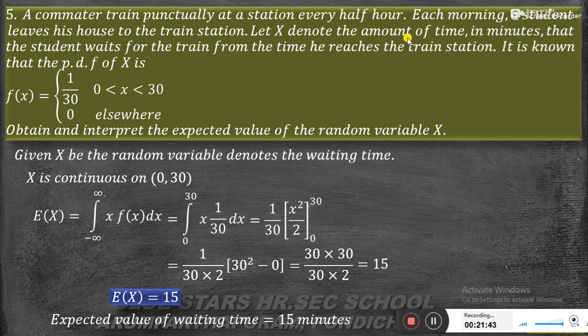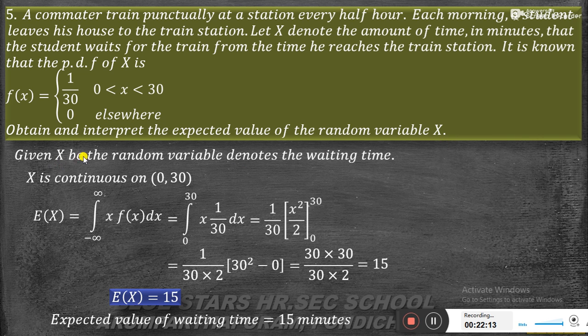Let x denote the amount of time in minutes that the student waits for the train from the time he reaches the train station. They give the probability density function f of x equal to 1 by 30, 0 less than x less than 30, and 0 elsewhere. So the question is to obtain and interpret the expected value of the random variable x.